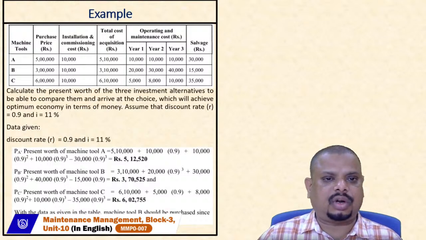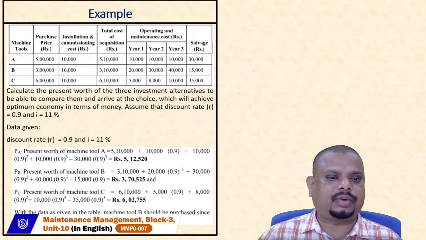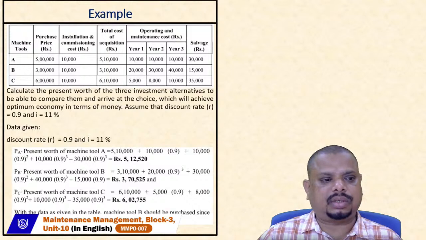Now the operating and maintenance cost for machine A is 10,000 in the first year, the same amount 10,000 in the second year, and 10,000 in the third year. For machine tool B, the first year is 20,000, second year 30,000, third year 40,000.